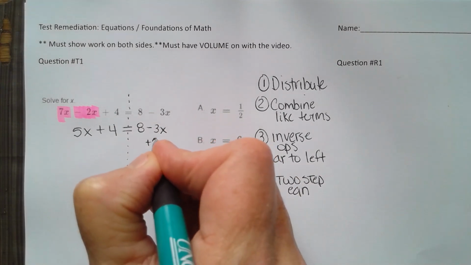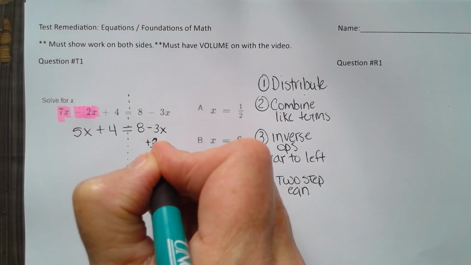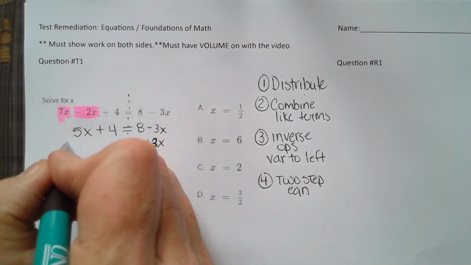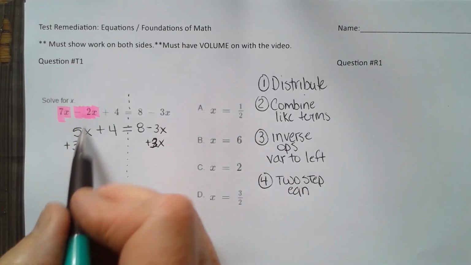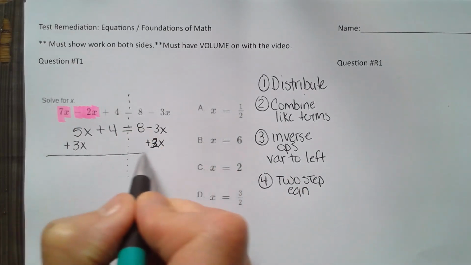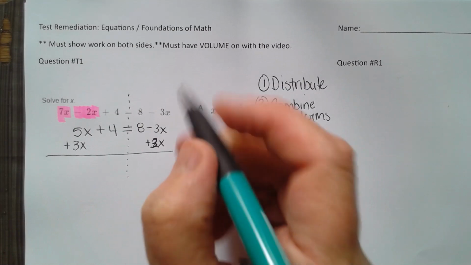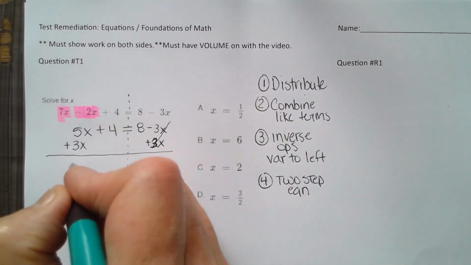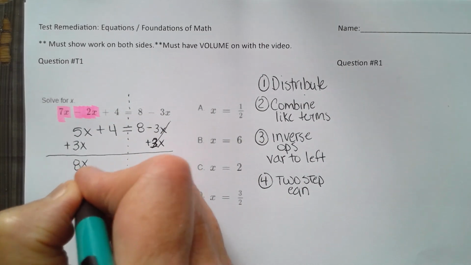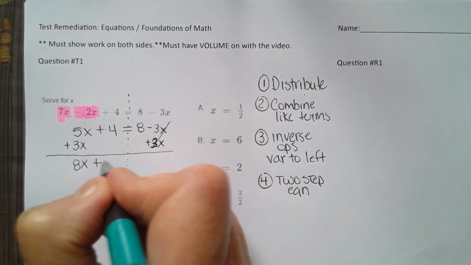I'm going to add 3x to both sides. And notice I'm lining up my variables. So a negative 3x and a positive 3x cancels. 5x plus 3x is 8x, and I'm going to bring everything down that I didn't mess with.